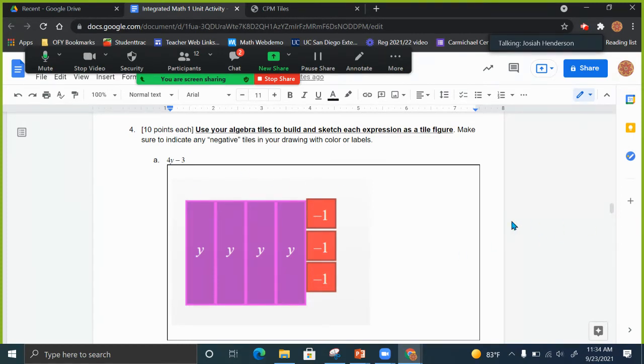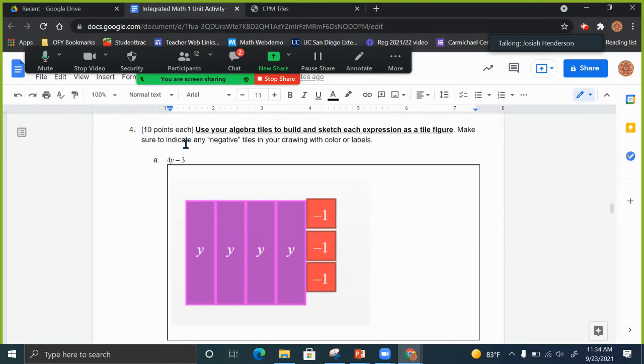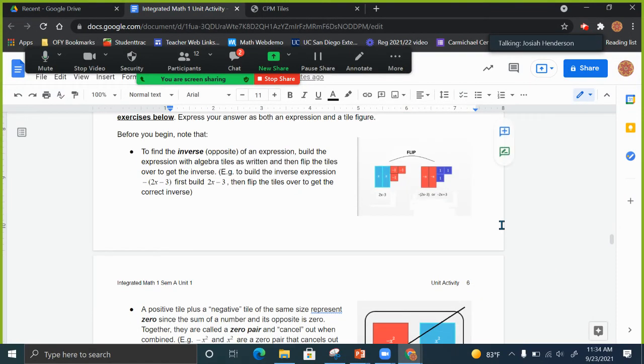But I'm giving you the option. You can either answer it with algebra tiles or answer it with actual math. It's okay if you want to just type in your math answers and be done with the tiles. I do want you all to get practice using it a little bit, and so that's why 1, 2, 3, and 4, we're doing it with tiles. For 5, 6, 7, 8, 9, 10, you have the option.